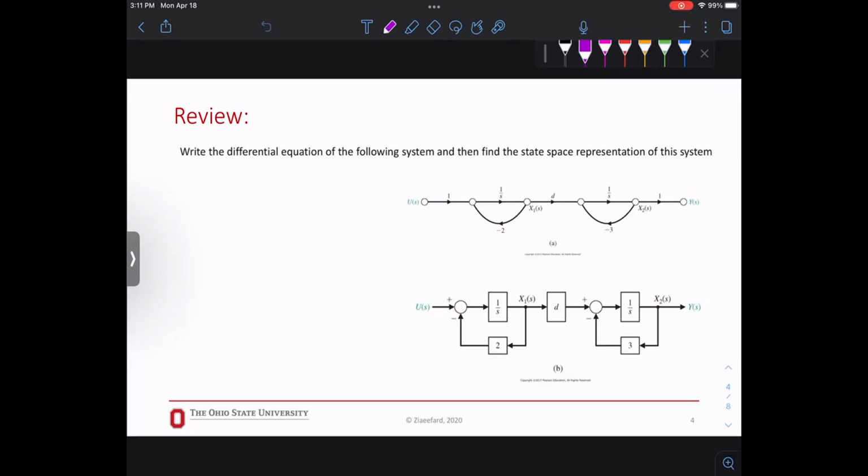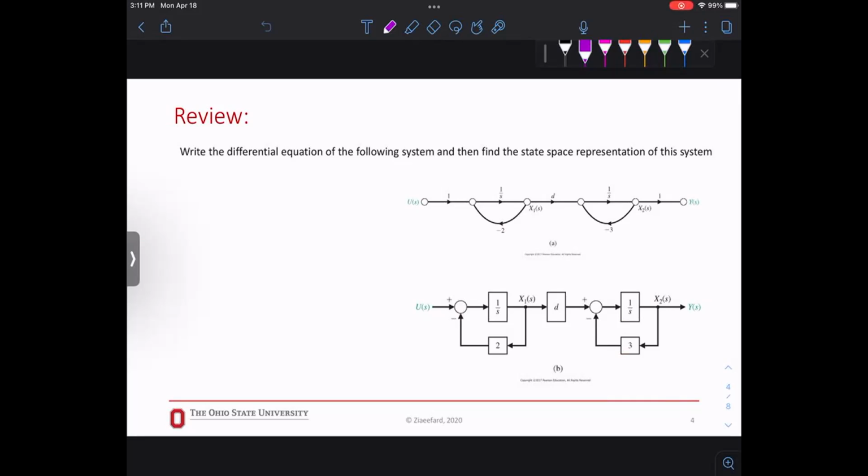Once you have that, find the relationship between the states and the output and write those differential equations. As a reminder, I want everyone to write the differential equation for the system, then from that, find your A, B, C, D matrices, the state space representation. This is just a reminder so the rest of the lecture would make sense to you.